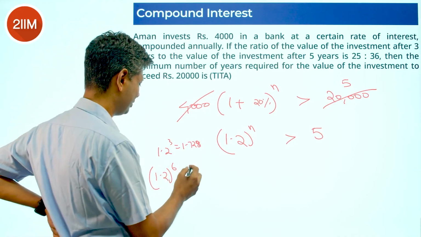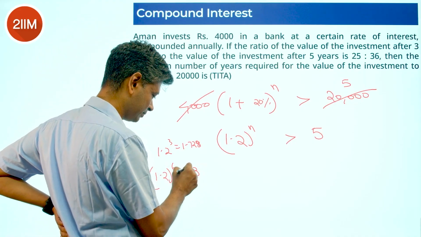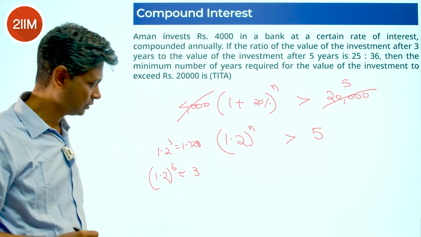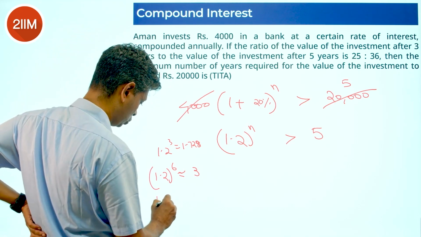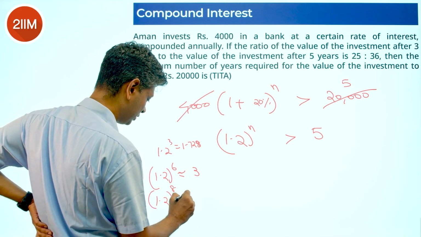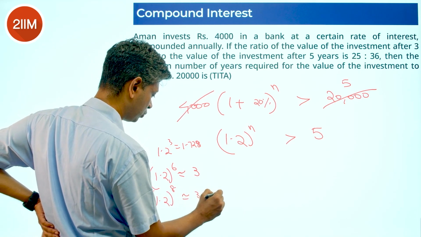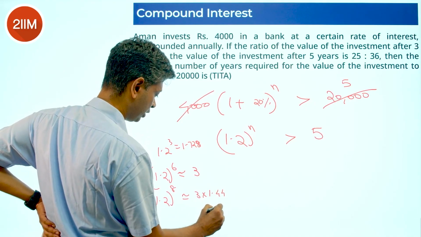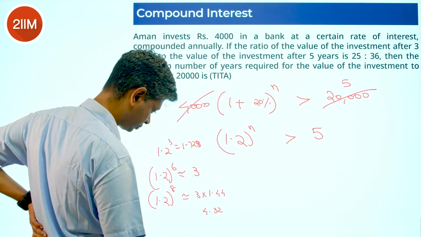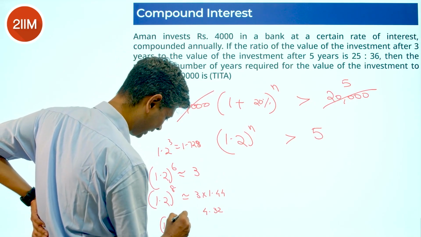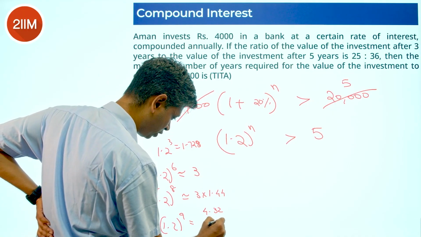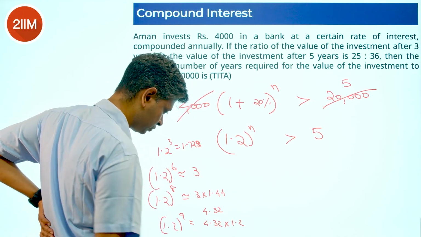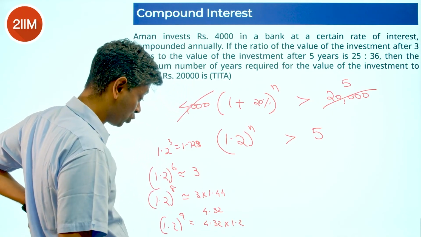This is roughly 3. 1.2 whole power 8 should be roughly 3 into 1.44, 4.32. 1.2 whole power 9 is 4.32 into 1.2. This goes more than 5.